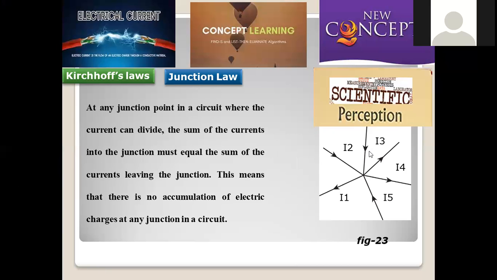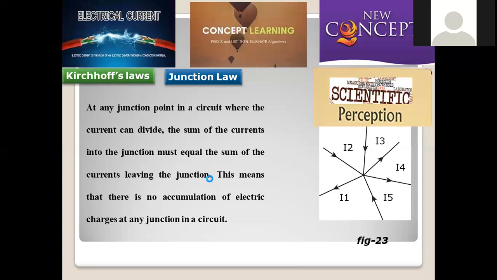Here you can clearly observe some arrows are inclined towards the junction, some are away from the junction. What are inclined towards the junction? I1, I4, I6 are inclined towards the junction point, and the remaining three, I2, I3, I5, are moving away from the junction point.